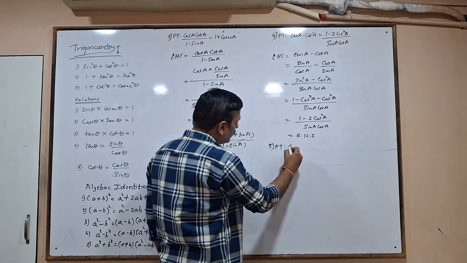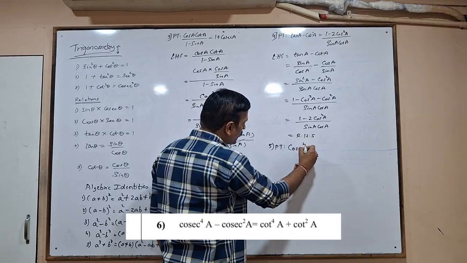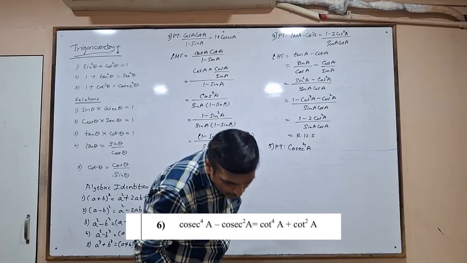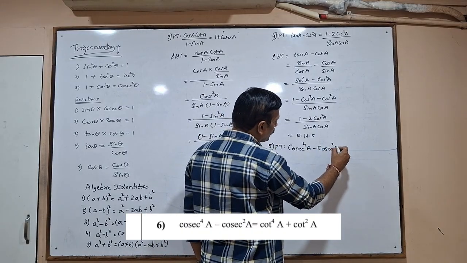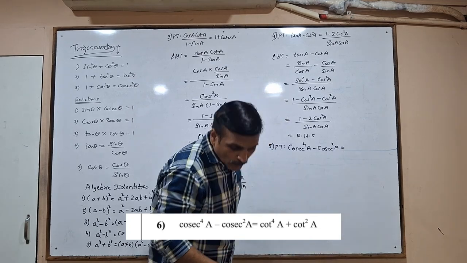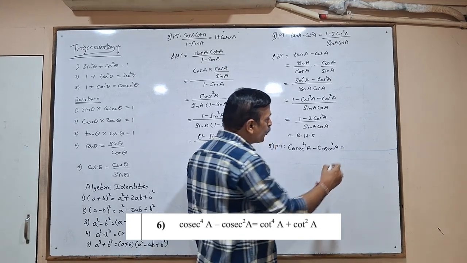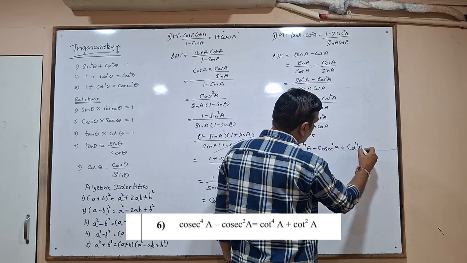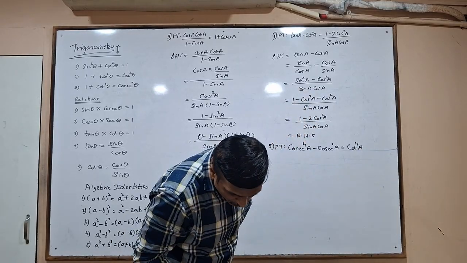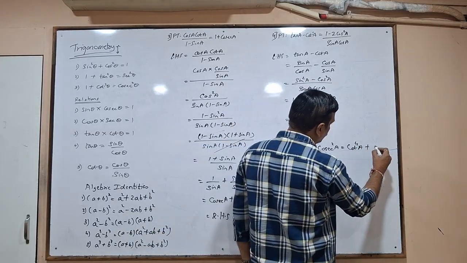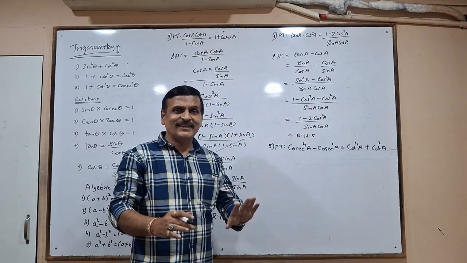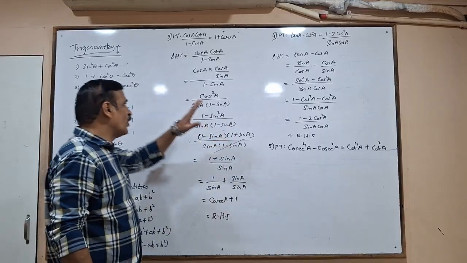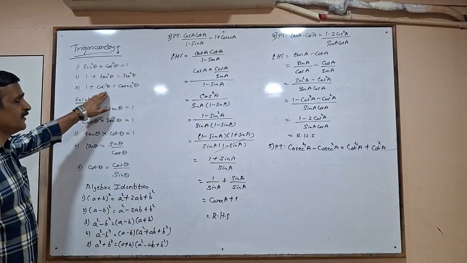Prove that cosec raised to 4A minus cosec square A is equal to cot raised to 4A plus cot square A. Now we know there is an identity related to cot square and cosec square.